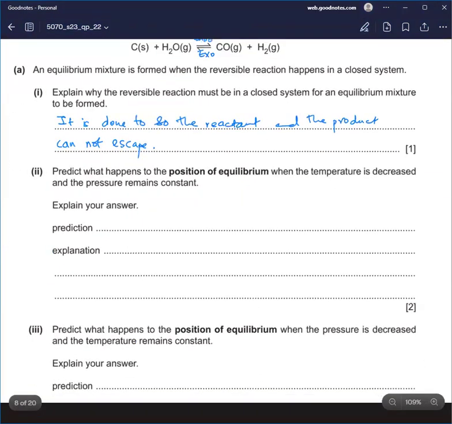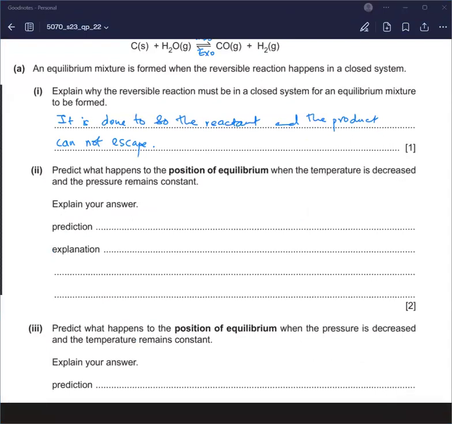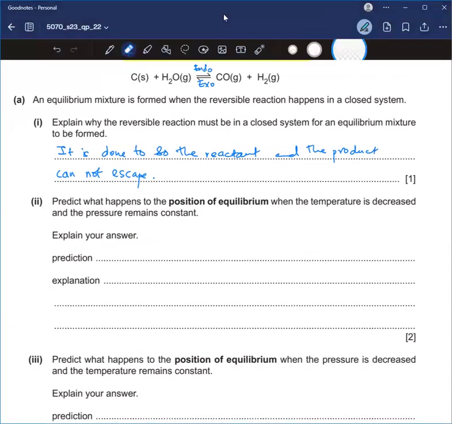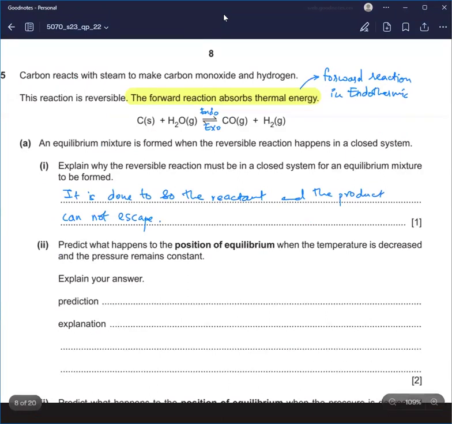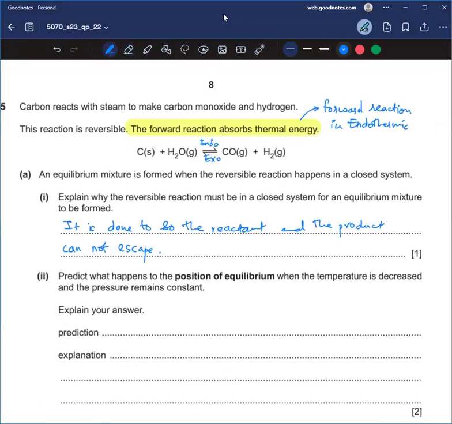All right, so part 2. Explain your answer. First, we have to predict. The temperature is being decreased. That means the backward reaction would be favored because, as it is written, the forward reaction absorbs thermal energy.